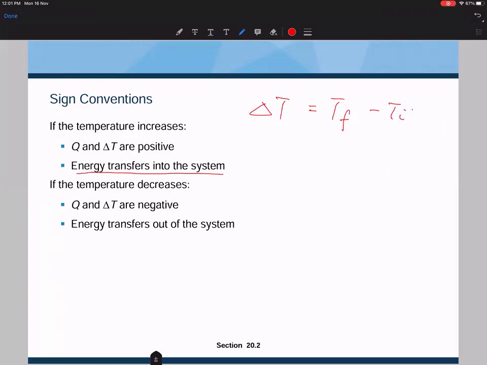That is something easy to understand. When you heat up the water, the temperature will increase, and there would be a transfer of energy into the system. And similarly, when the temperature of the system drops, you expect the energy is removed from it. Therefore, Q and delta T are negative.